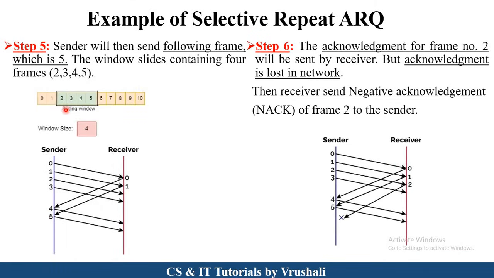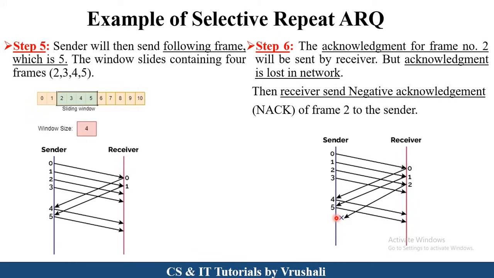Now after that, the sender sends the next frames, like 2, 3, 4, 5, to the receiver. Next 4 as per the window: 2, 3, 4 and 5. Clear? Now the receiver receives those frames and sends acknowledgement of 2 to the sender. But here also, due to some network error, some environmental error, this acknowledgement didn't reach the sender.